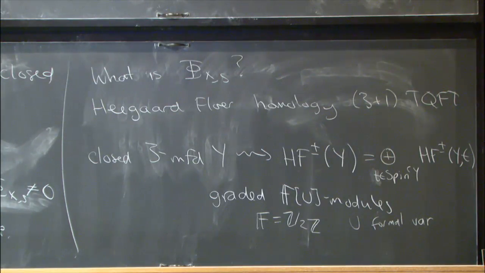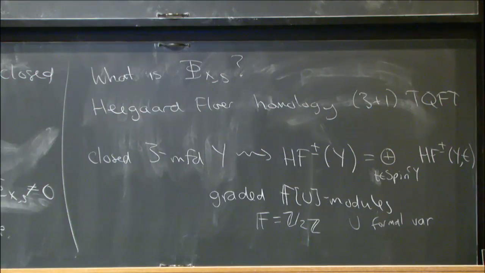Then HF minus of Y has a non-canonical splitting as F[U] plus something we'll denote HF red, where HF red is all U-torsion.